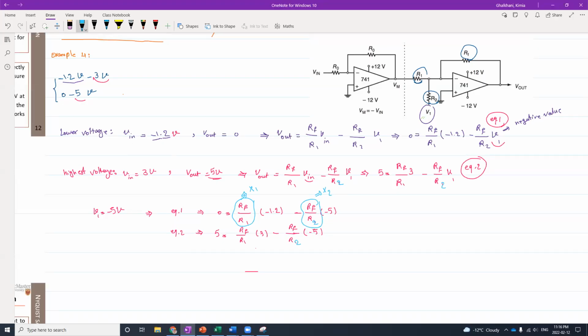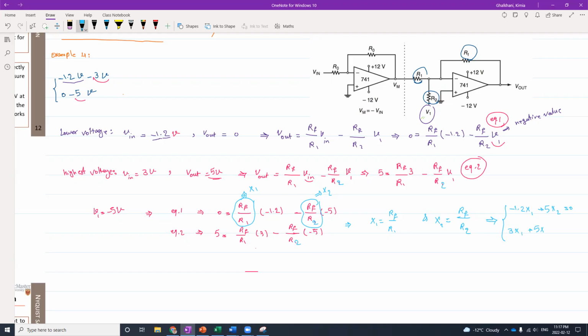So X1 equals RF over R1, and X2 equals RF over R2. Now, if I rearrange those equations, the previous one, what do I have? I have minus 1.2 X1 plus 5 X2 equal to 0. And for the second equation, I have 3 X1 plus 5 X2.